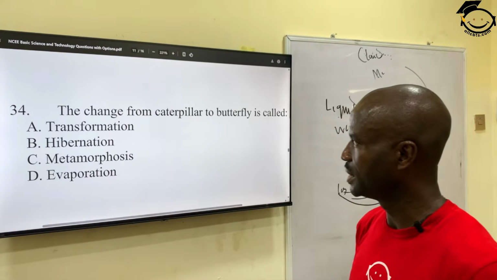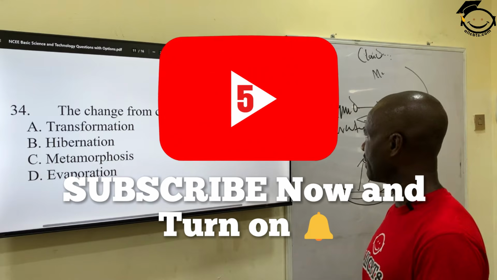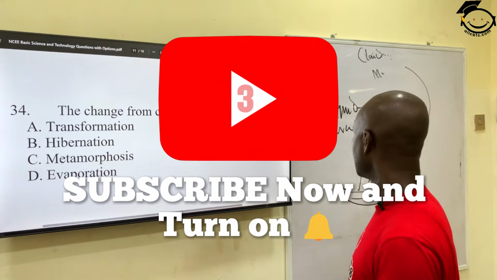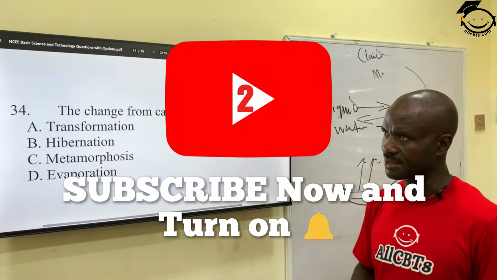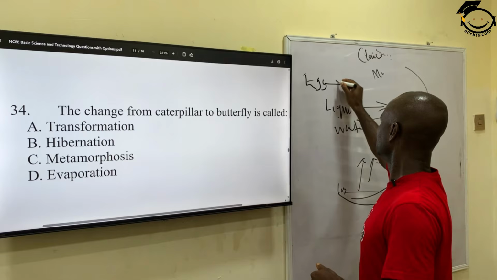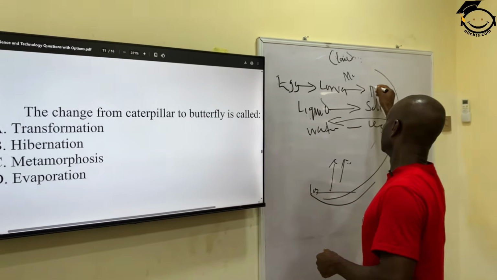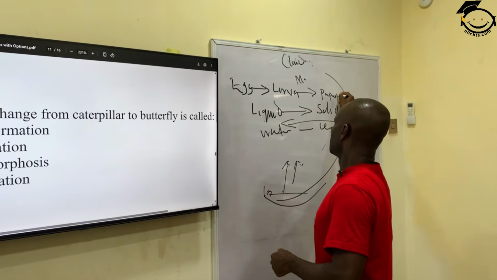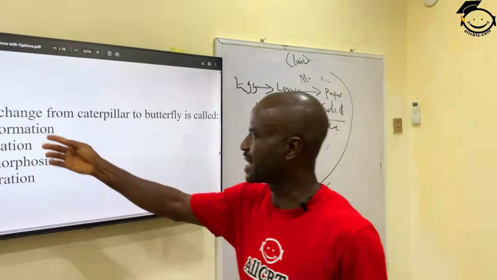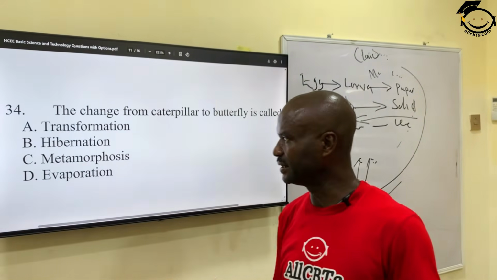Question 34. The change from caterpillar to butterfly is called A, transformation. You see, there are three stages, from egg to larva, then to pupa, which is otherwise known as caterpillar. B, hibernation.